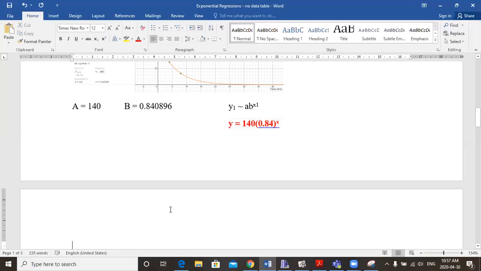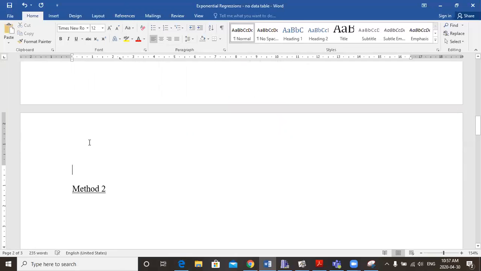Which we've just done. Now, the pre-cal method. This is how it works. Our initial value is 140, and the rate of change is reduced by half every 4 hours.